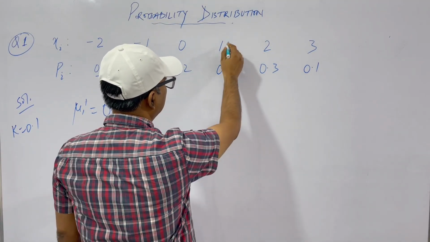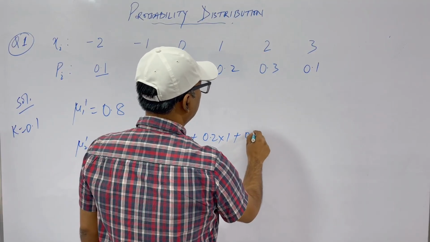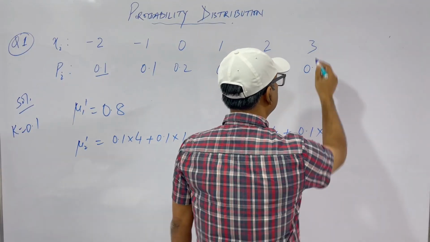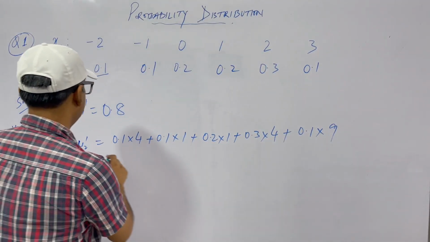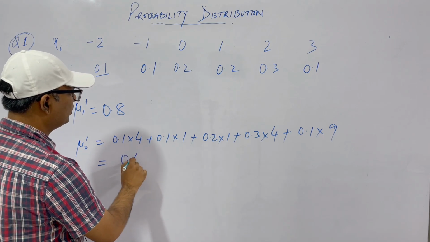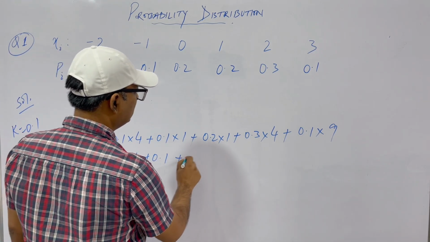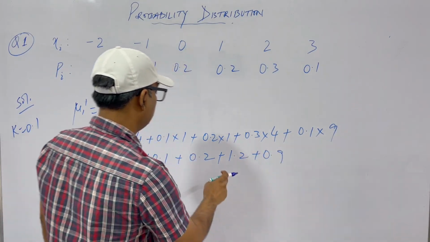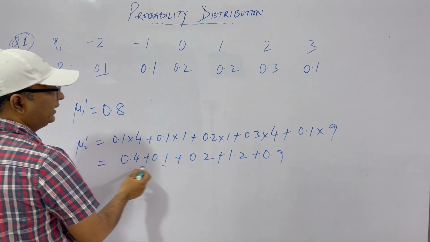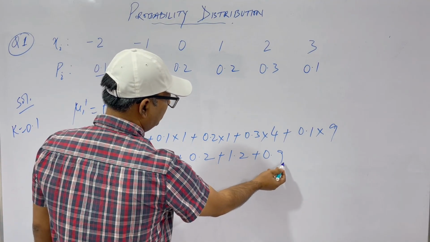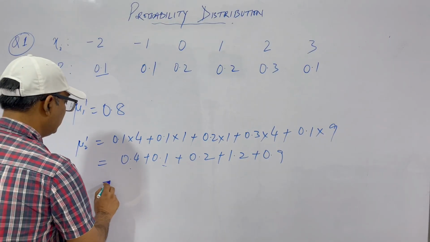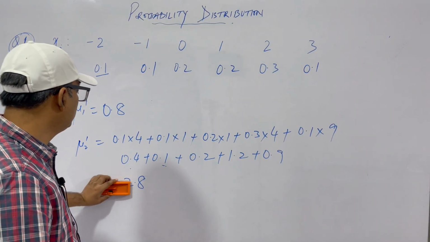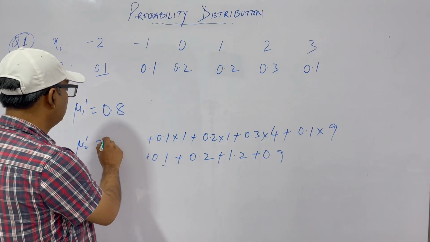This is 0.2 into this square, that is 1, this is 0.3 into this square, 4, plus 0.1 into this square, 9. So what is it? 0.4, 0.1, 0.2, 1.2, 0.9. So what is it? See, 0.5, 0.7, 1.6, 1.8. That is 1.6 and 1.8. This is 2.8. So our mu2 dash is 2.8.